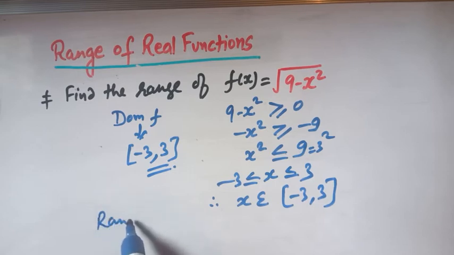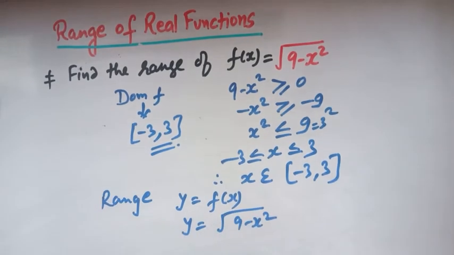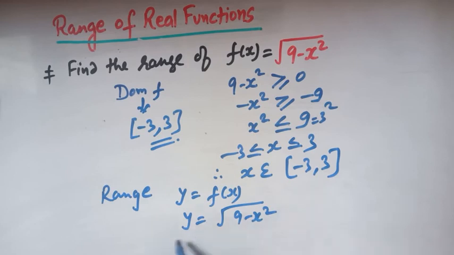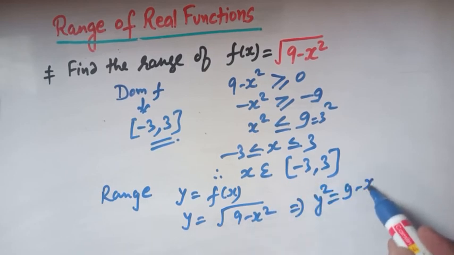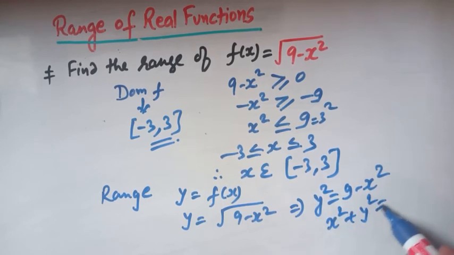So for range we will take y is equal to f(x), and y is equal to f(x) is square root of 9 minus x square. Now taking the squares of both sides, we'll have y square is equal to 9 minus x square, and here we have x square plus y square is equal to 9.